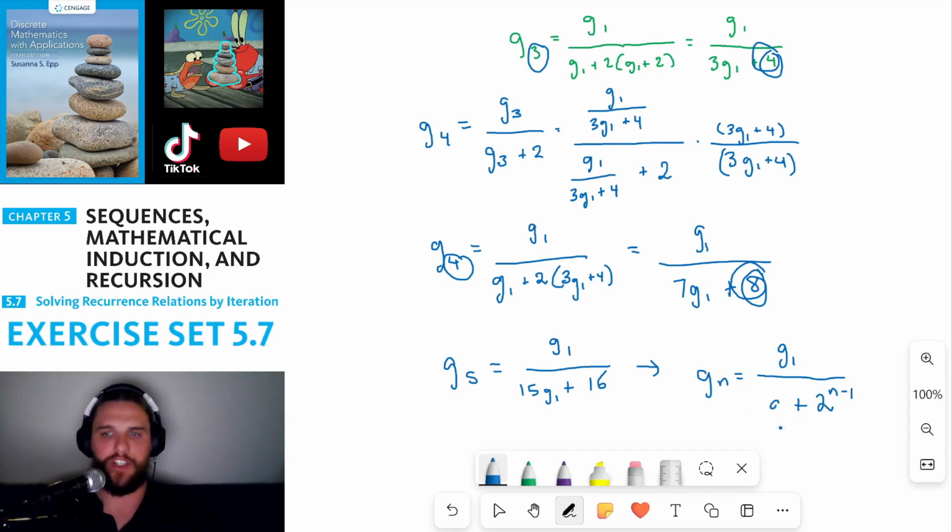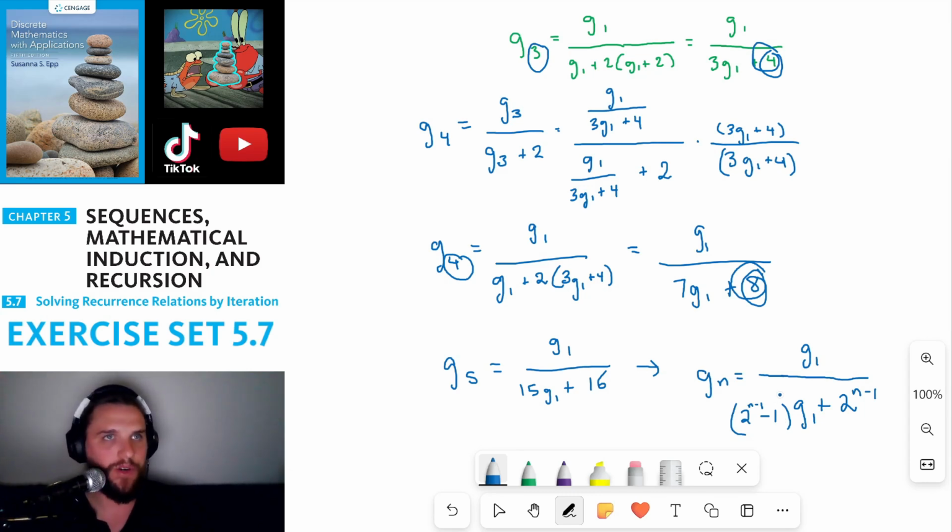And then plus G sub 1, the number that goes in front of the G sub 1 though is 1 less than that power of 2. So again, this is just a generalization of the pattern that we're noticing. I'm noticing that this second number is a power of 2, and the coefficient on the G1 is just 1 less than that power of 2.